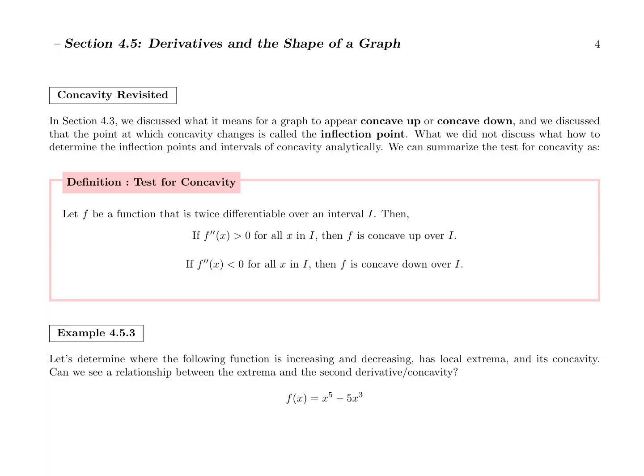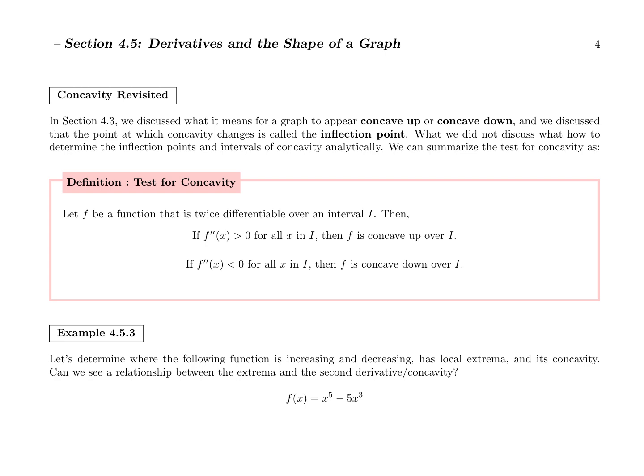Previously in section 4.3, we discussed what it looks like visually for a function to be concave up or concave down, and we discussed the point at which it switches is called an inflection point. So just as we had an analytic approach to finding critical points, now we need an analytic approach to finding possible inflection points. And that's where we have our test for concavity.